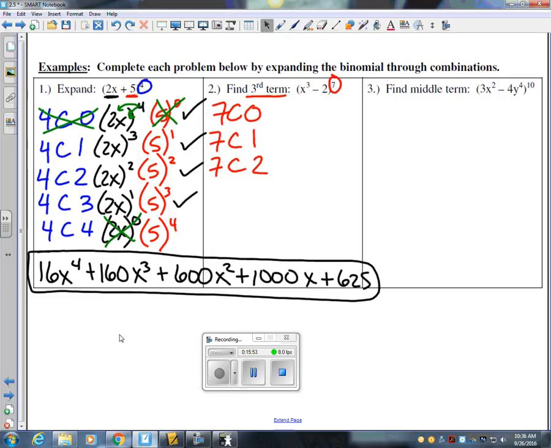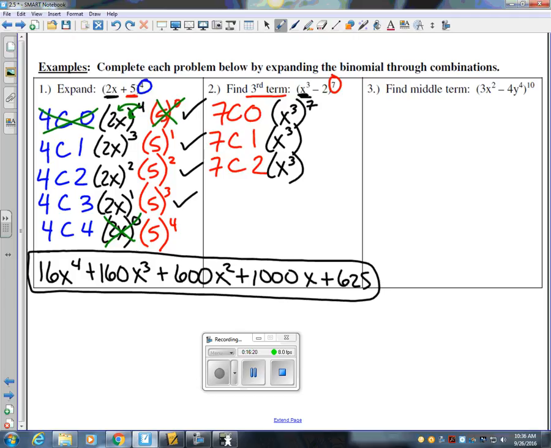Okay. I also do need to do the parentheses part, though. What goes in the parentheses for this one? X to the third. Very good. It's whatever's in the front. X to the third, X to the third, X to the third. You always start with the original exponent again. So 7, and you count down.